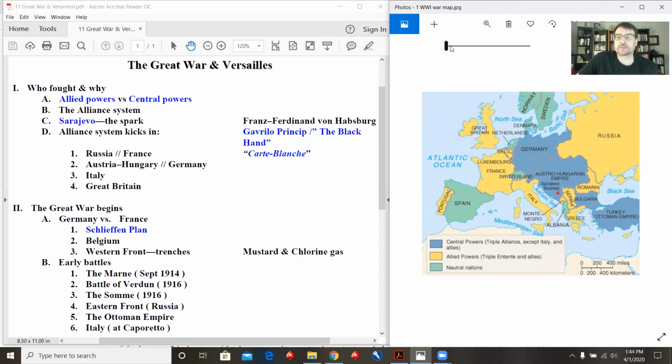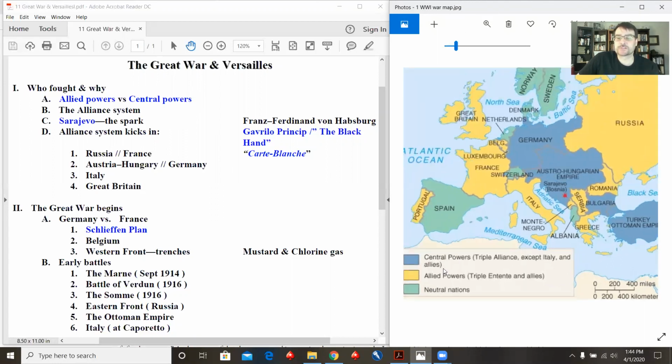And so this map over here is showing you who is who. The Central Powers, that's Germany and the other side in Central Europe here in the blue, included Germany, the Austro-Hungarian Empire, and originally Italy, but then things shift around. That's in 1914. After 1915, Italy switched sides, joined the Allies, and the Ottoman Empire, Turkey, joined the Central Powers.